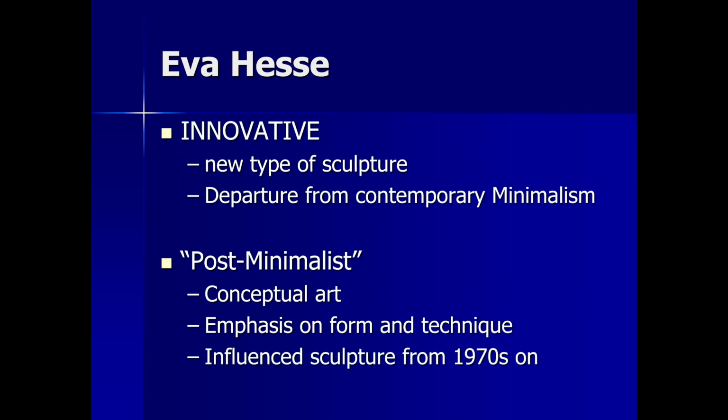So it was seen as very innovative, a totally new type of sculpture, a departure from the contemporary minimalistic art, and often seen as embodying a strong concept as well as emphasizing the technique. And it was extremely influential on later sculptors.